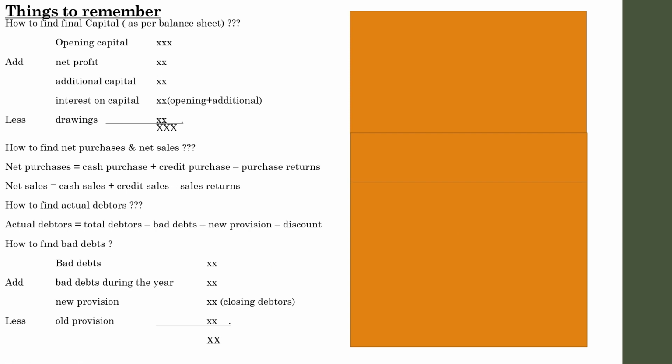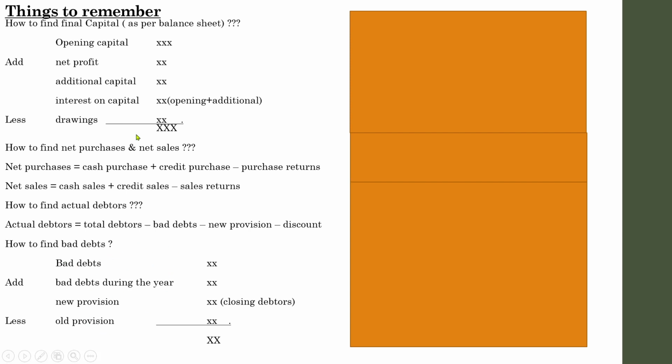The actual concept regarding each of these areas will be cleared while explaining the practical question. Under those situations only you can get a clear picture. Even though I am explaining a lot, you will get a clear picture once we deal with practical questions. And we also learned how to find the amount of bad debts, because this is very important.